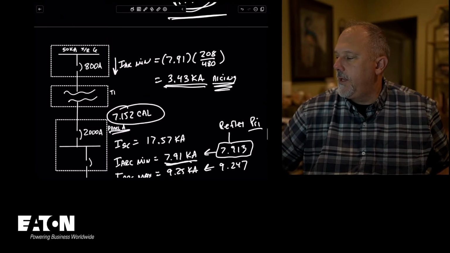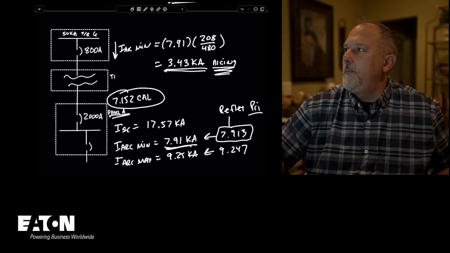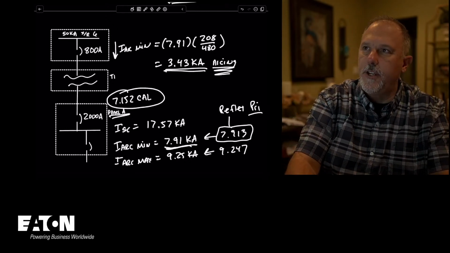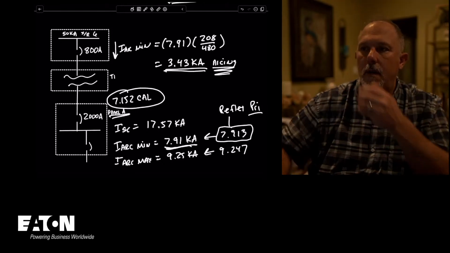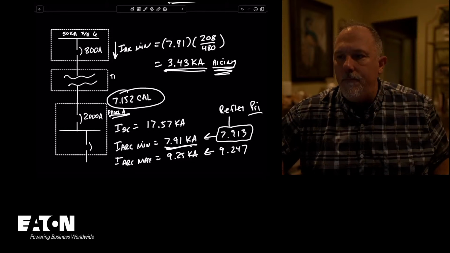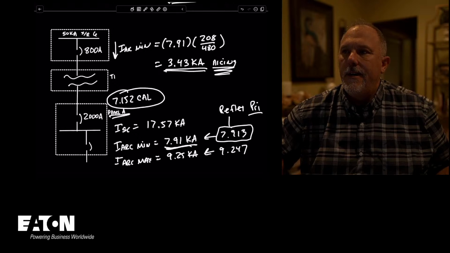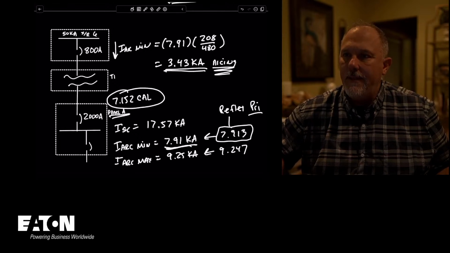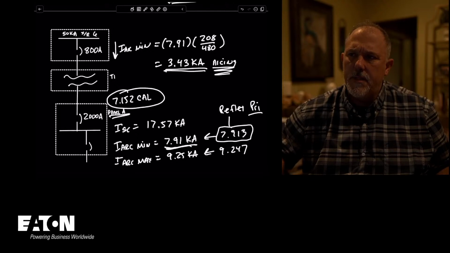What was the full load amps? I think the typical inrush current on a 500 kVA transformer, I believe it's around 10 times, or 12 times.